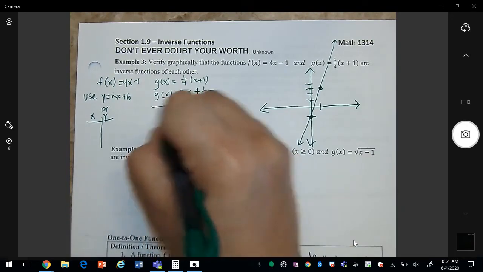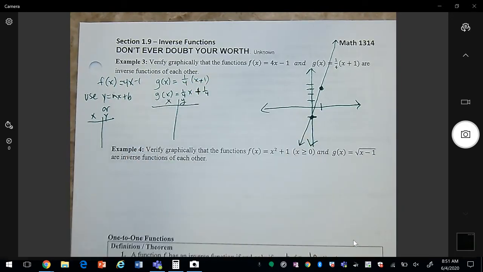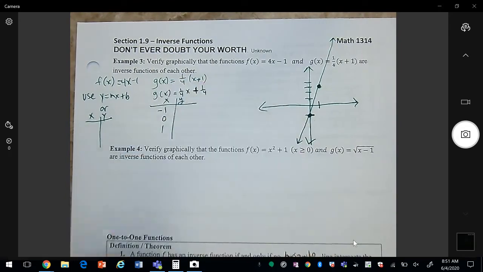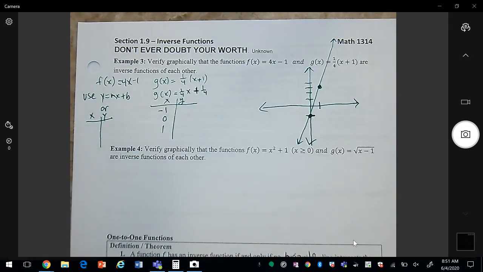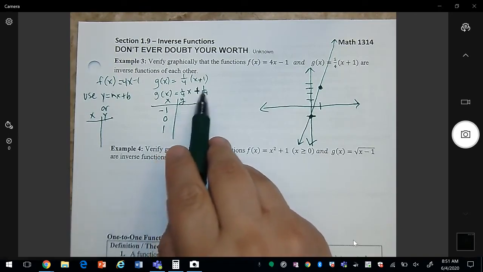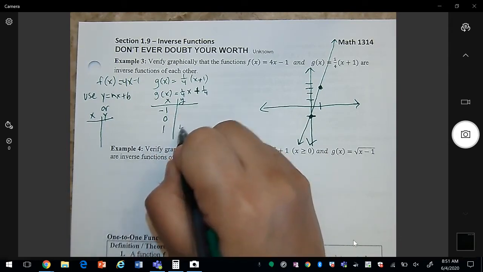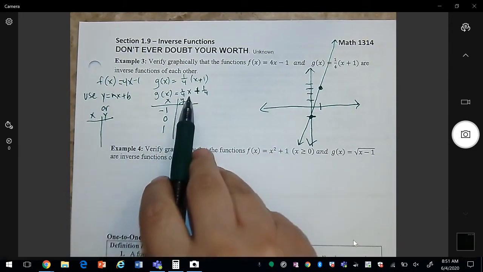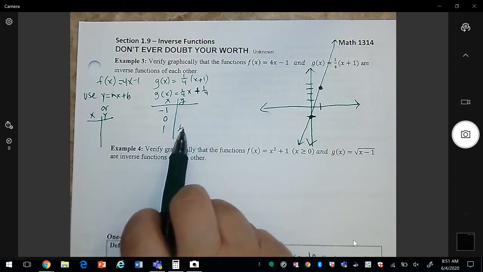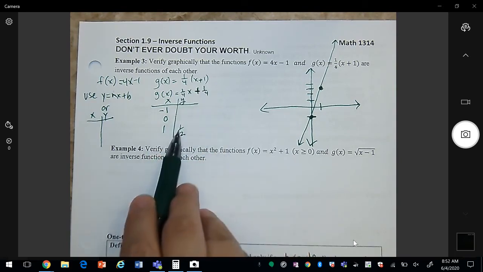And then for the second one, I'm going to use a table of values. So if I use -1, 0, and 1, we plug in 1 for x here: 1/4 plus 1 is 1/4 plus 4/4... giving us 2/4, which becomes a half.